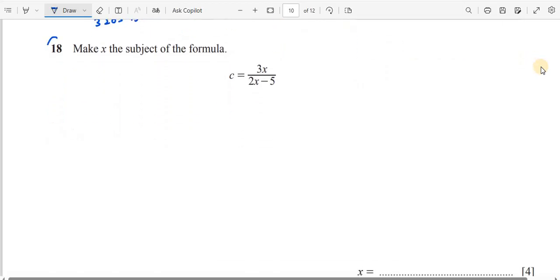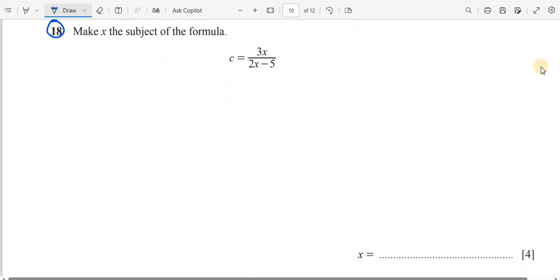Question number 18. Make x the subject of this formula. So this value is divided, so it shifts to the other side and multiplies with c. So c times 2x minus 5 is equal to 3x.